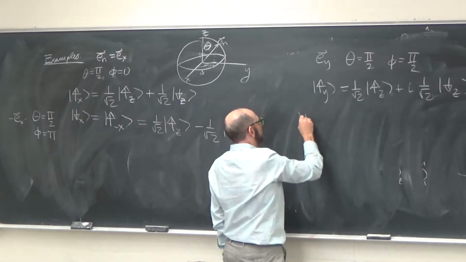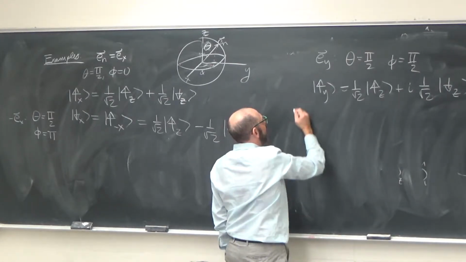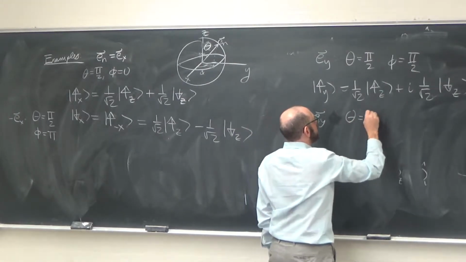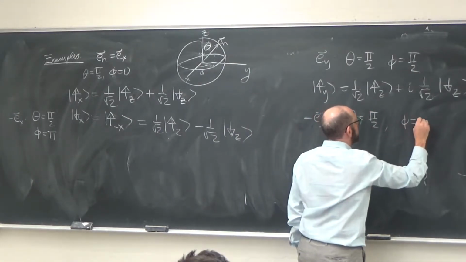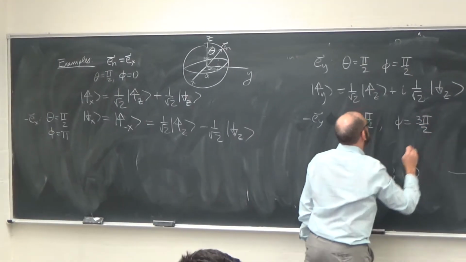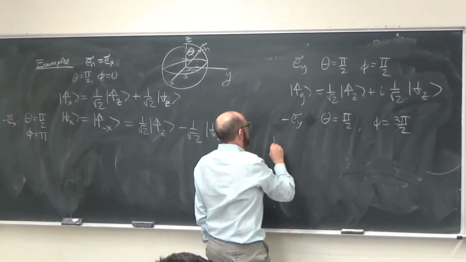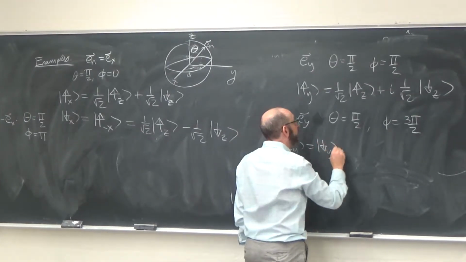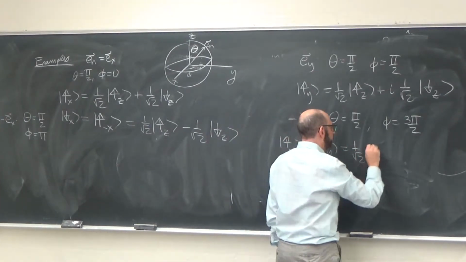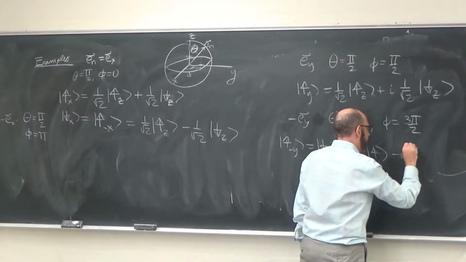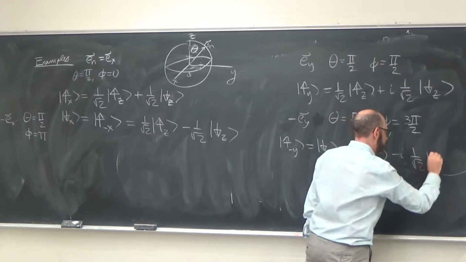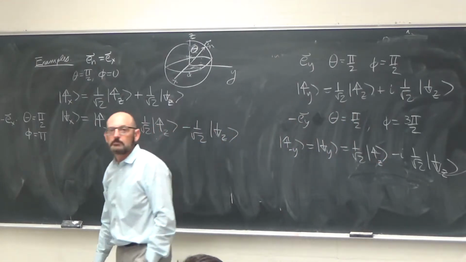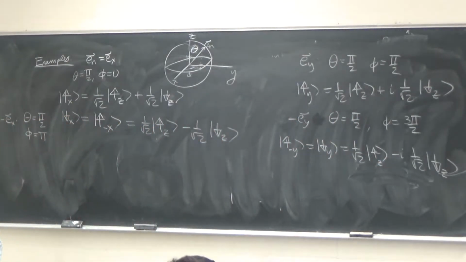And then if I have the minus y-axis, spin up along minus y, which is the same thing as spin down along y, is then equal to that superposition. Clear?